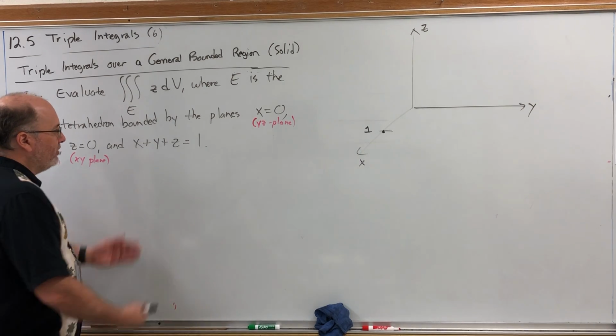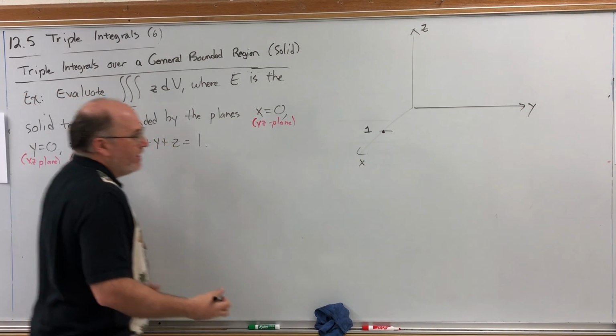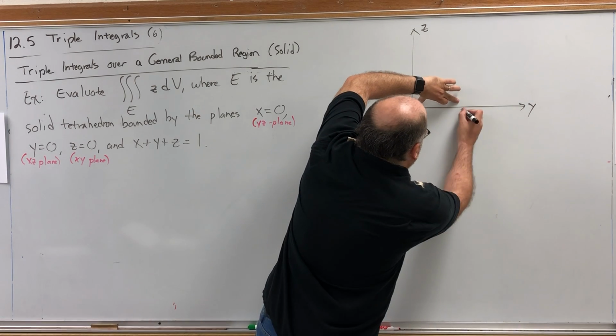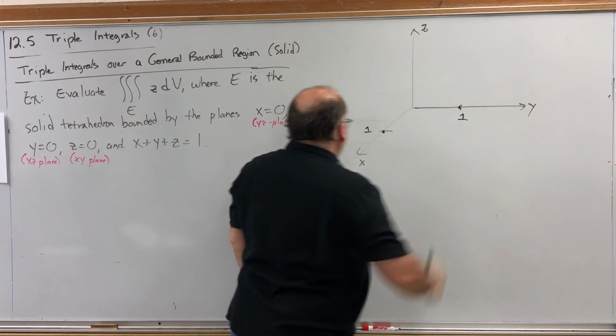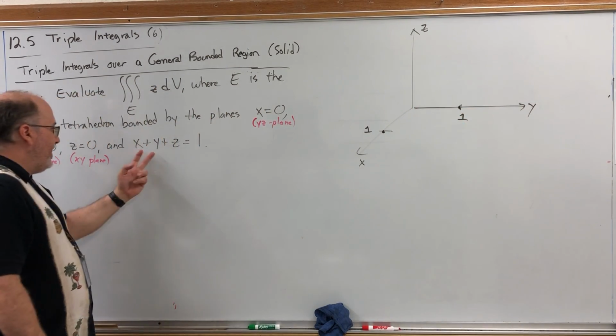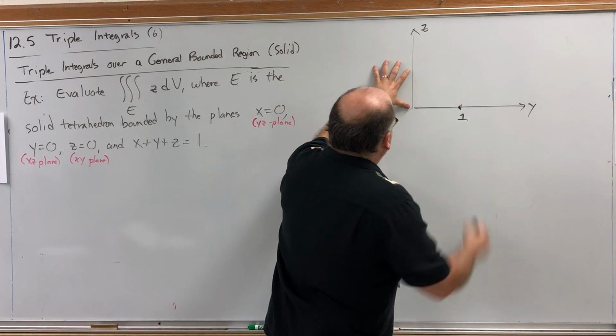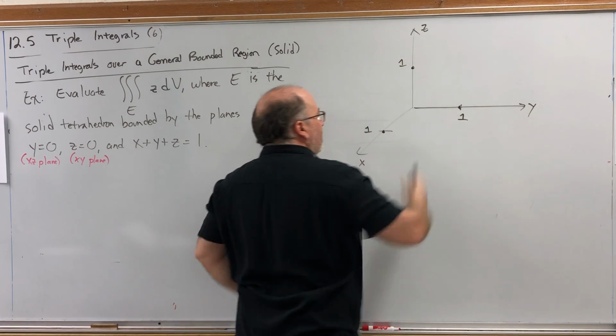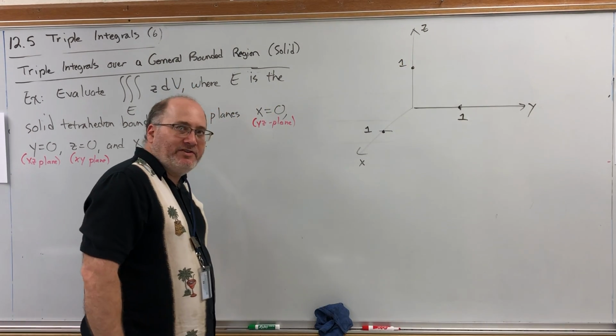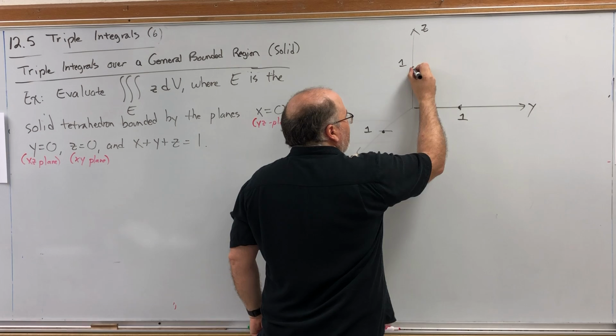For the y-intercept, you let x and z equal 0, so you get y equals 1. And for the z-intercept, you let x and y equal 0, so you get z equals 1. Three points uniquely define a plane, so I can just connect them.